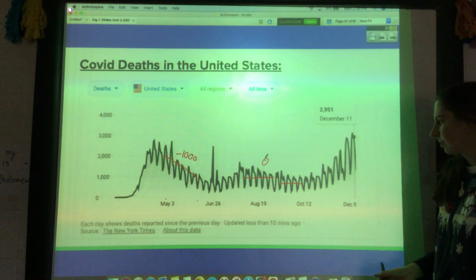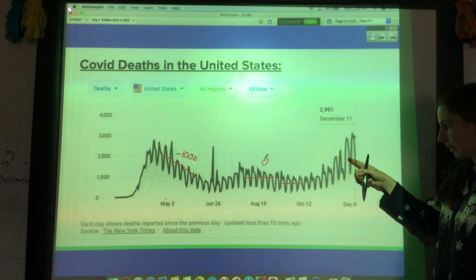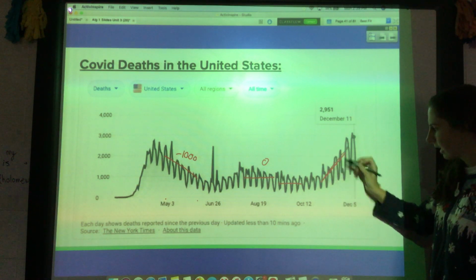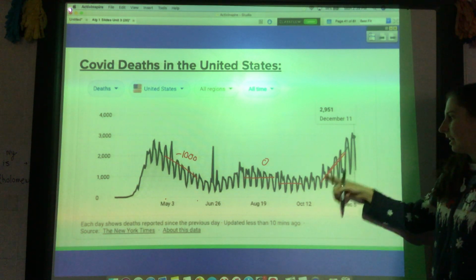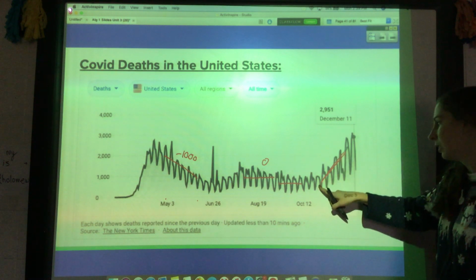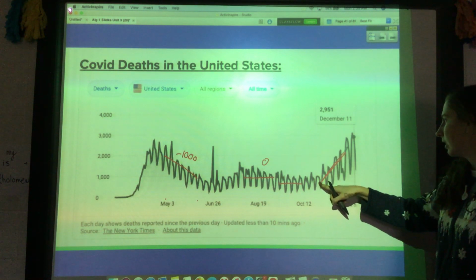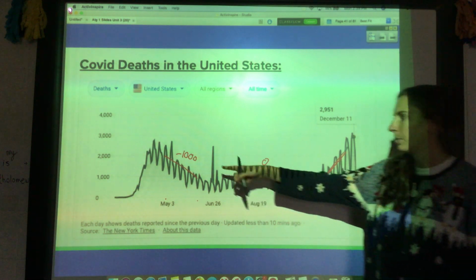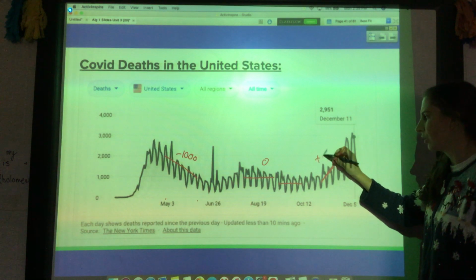And then notice recently, which is not good, let's look at November, which would be about this section here. This is a positive increase. It goes from about 500 or 1,000 to somewhere around 2,000, so going back up about 1,000 or 1,500.